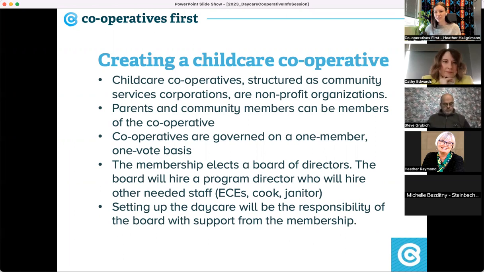However, we're conceptualizing a little bit different model, which includes a multi-stakeholder approach where economic development officers or town, First Nation representatives or others are part of the governance structure in order to strengthen the community approach to the daycare services, which provides, I think, a really strong, it's almost like weaving a web around childcare in your community to ensure that it has the support that it needs from all the stakeholder groups who are affected by this, as both a place for kids to go, as an economic driver or game changer for your community, for people to get back to work.